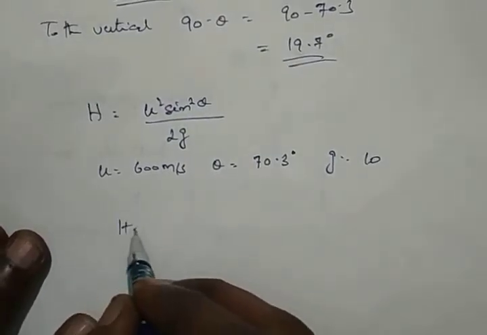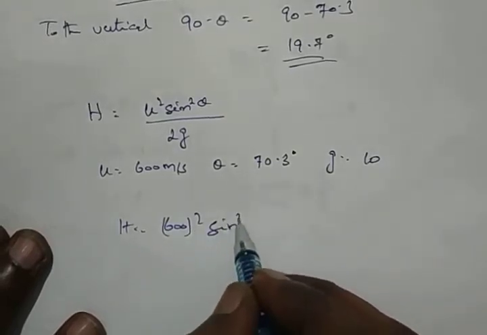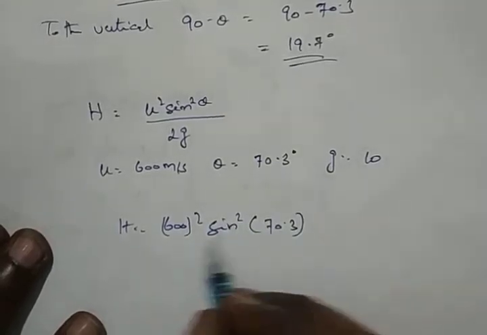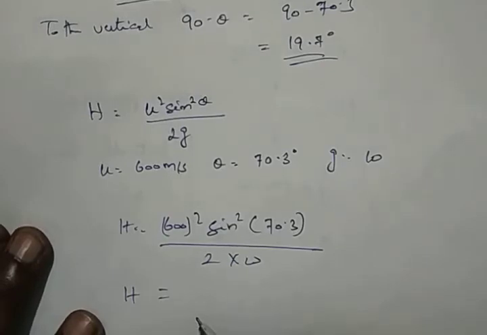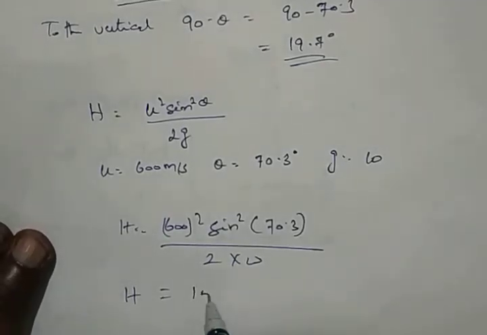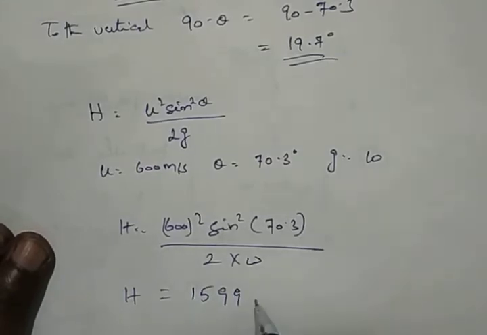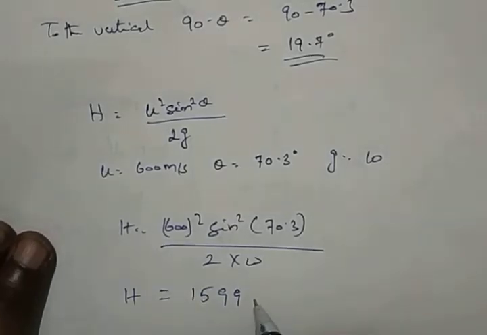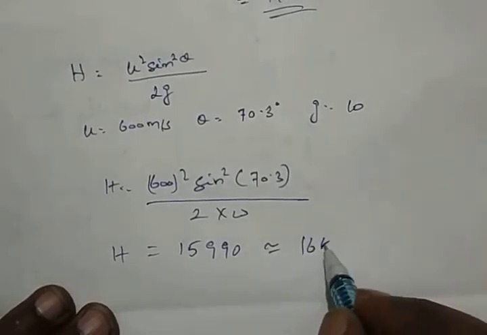So height is 600 squared into sine squared 70.3 divided by 2 into 10, and you calculate here, this will be approximately 16 kilometers.